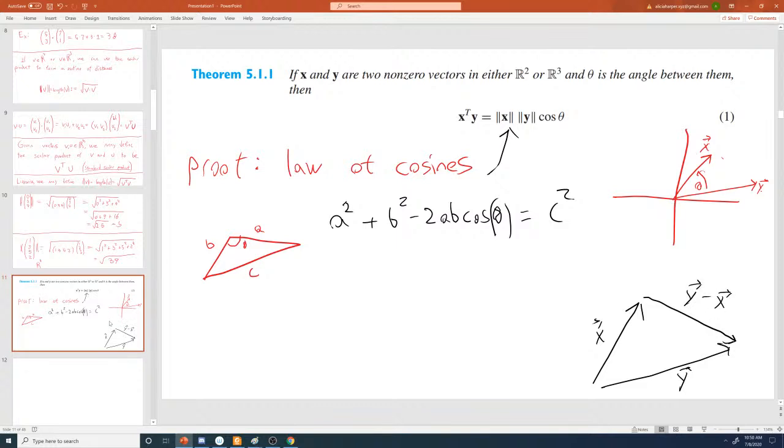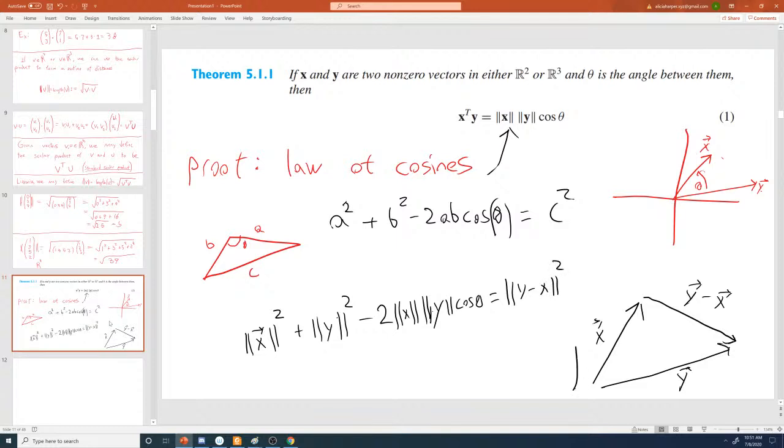Now, according to the law of cosines, we have to have the following relations. The length of x, when you square it and you add it to the length of y squared, and you subtract 2 times the length of x times the length of y cosine theta, what you get is the length of y minus x squared.